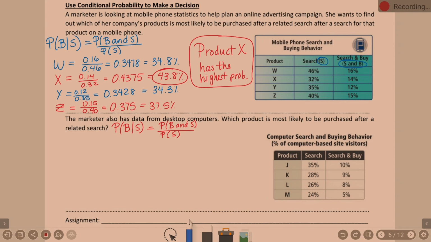So let's see. J. 10% divided by 35% is 0.2857, 28.6%.